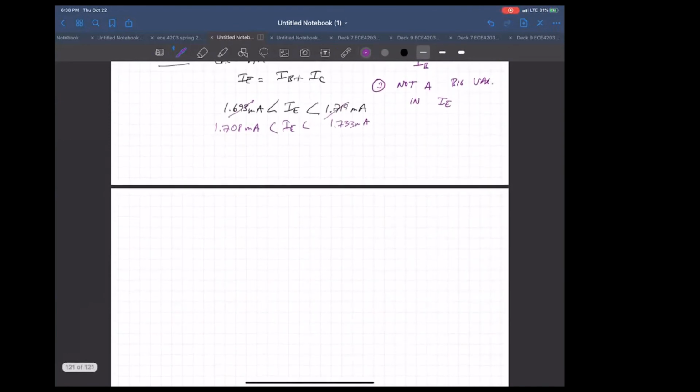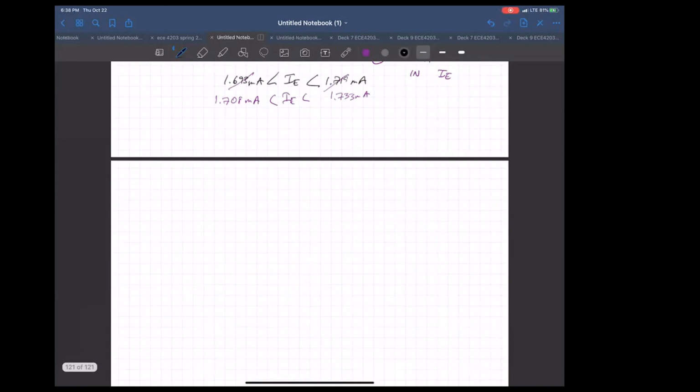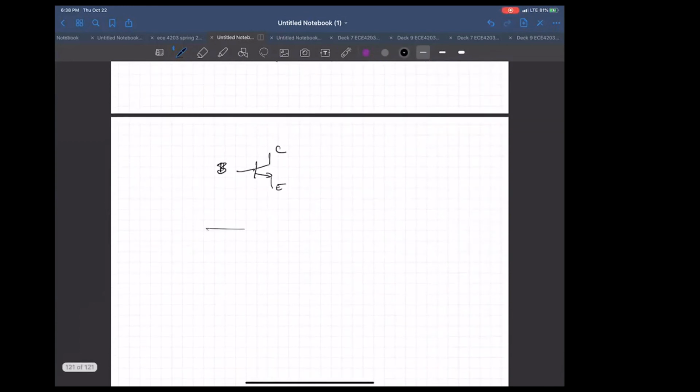Okay, so I'm just gonna then draw the rest of the bipolar transistor. So we have, again, our base, collector and emitter. And so we already drew this, which is in the forward active.